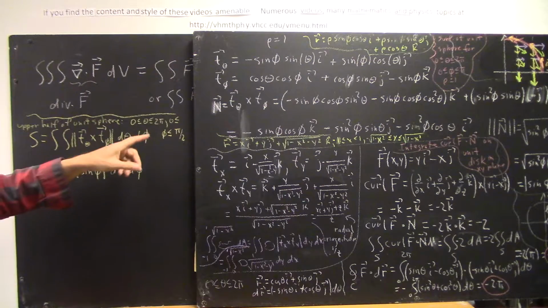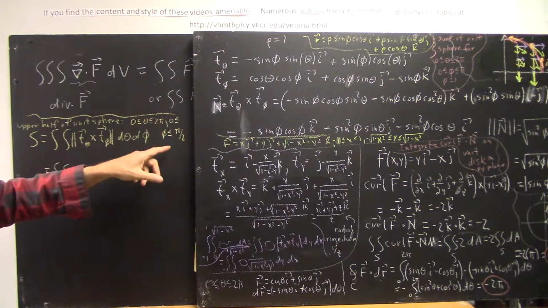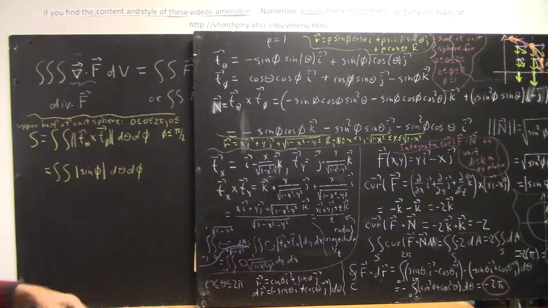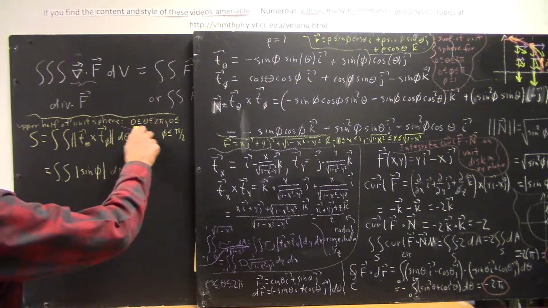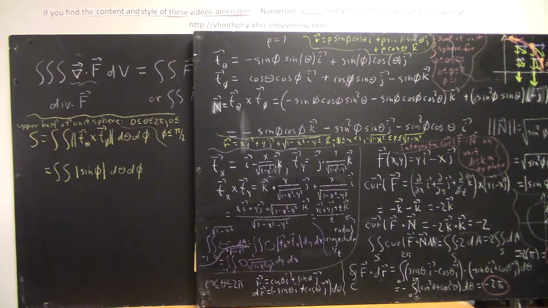And if theta goes from 0 to 2 pi and phi goes from 0 to pi over 2, it describes the upper half of the unit sphere. Verify that with your knowledge of spherical coordinates.